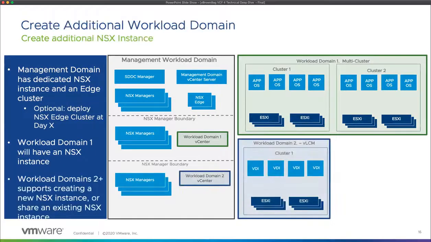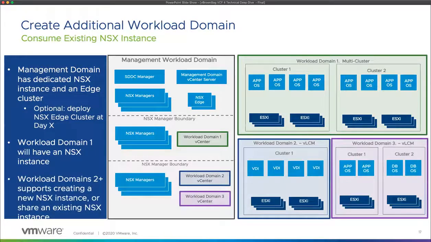Or you can deploy additional workload domains, so workload domain 2 and 3 here. Now, as I built that out, we could see one thing, which is in the center column, we have workload domain 1 vCenter tied to a specific NSX instance. But then we also have workload domain 2 and 3 that are also sharing an additional NSX instance.